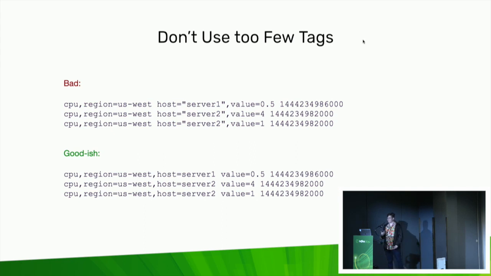The next piece of information is you definitely want to make sure that you don't use too few tags. Unlike a lot of systems, we're not quite an event-based system, in that if you have the same series key, so the same measurement and tag set, and the same timestamp, the data will be overwritten. And so you want to make sure that your data is sufficiently differentiated. In the example I have up top, you can see that there's a single measurement called CPU with a single tag called region, and host was a field.